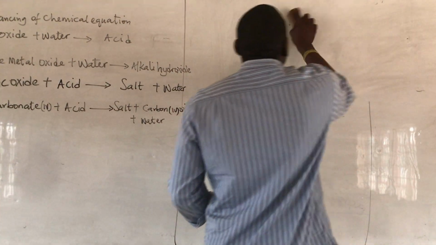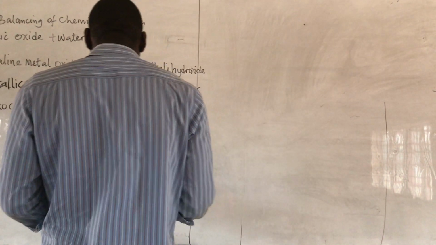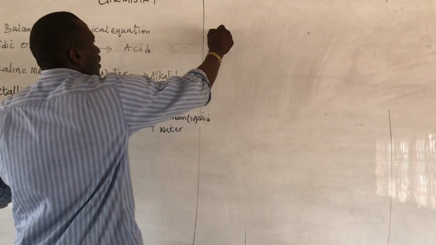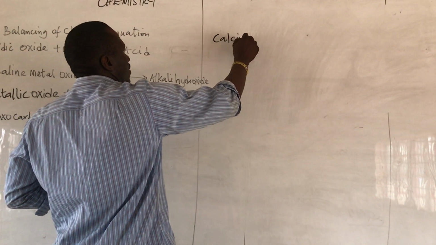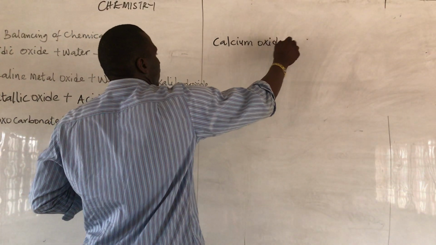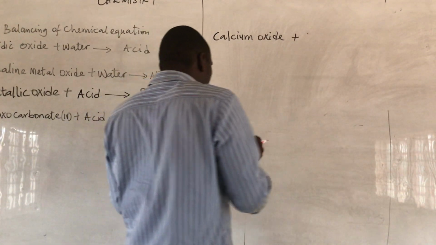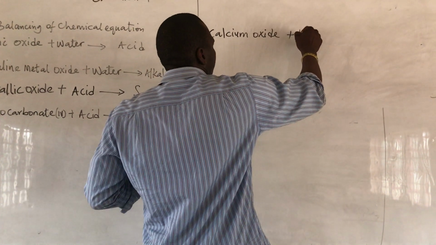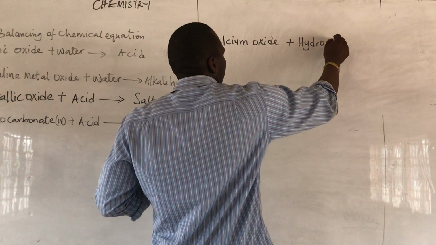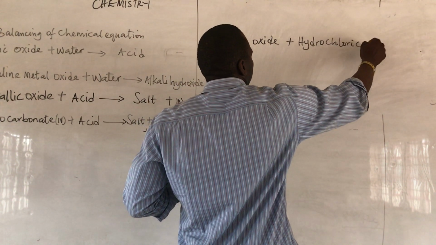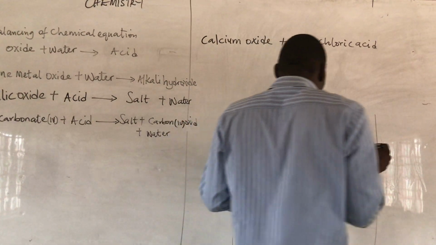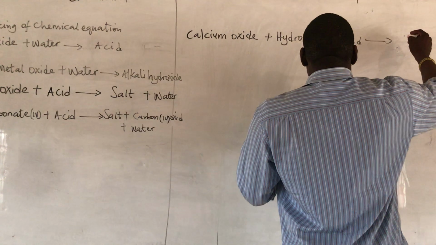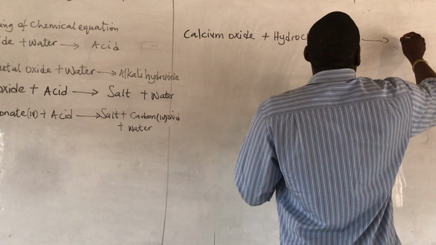Example, calcium oxide plus an acid, let's see, hydrochloric acid, to give us salt, calcium chloride, plus water.